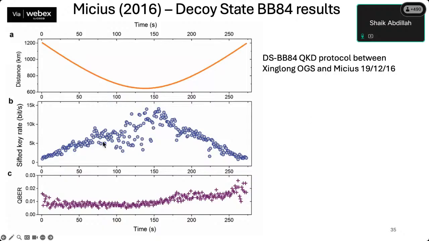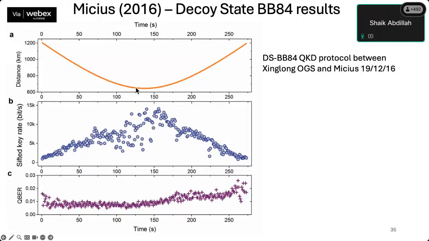Throughout the entire pass, we see an increasing and then decreasing trajectory, and that is because of the distance of the satellite as it passes through the optical ground station. The range rate increases and decreases. When it's further away, the range rate is much higher, and therefore we encounter a lower secret key rate.